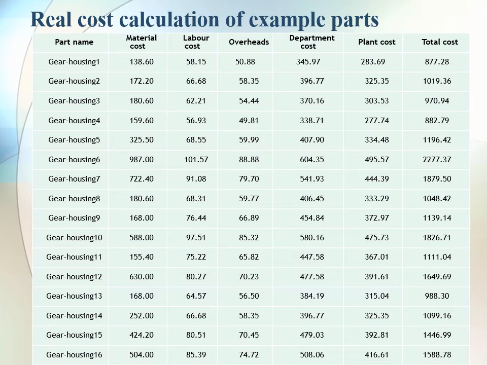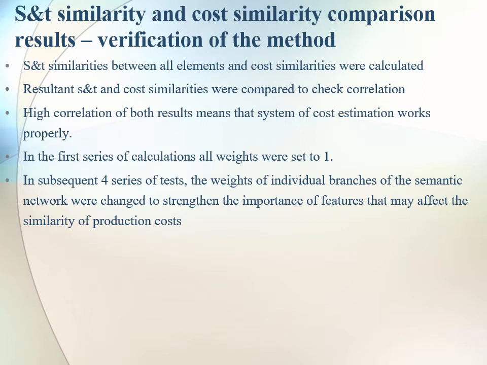So we can calculate the total real cost of these elements, and then we can calculate both structural technological similarity and cost similarity. So we can say that if those values are similar, it means that also cost should be similar.